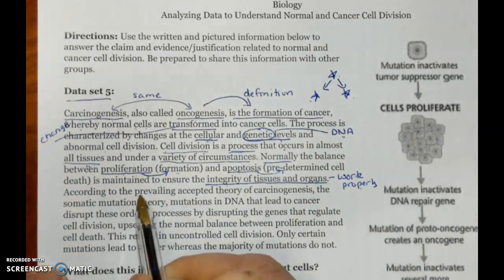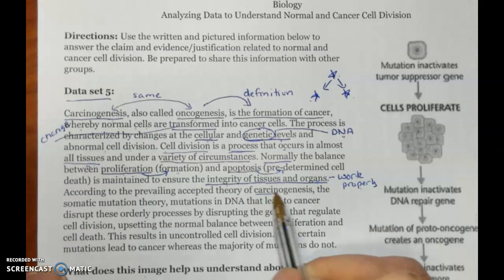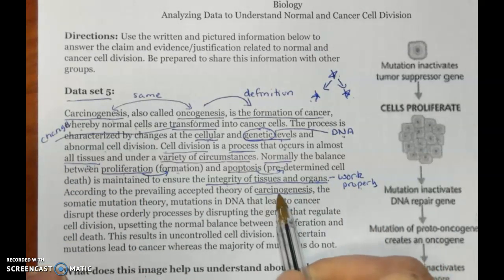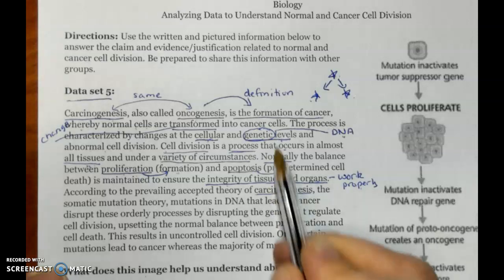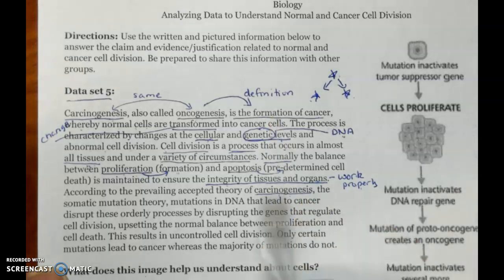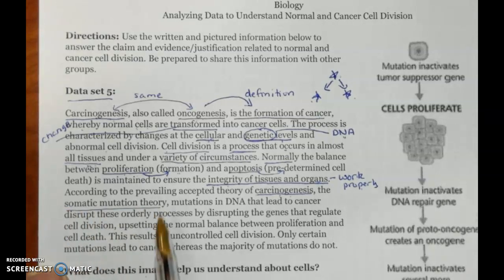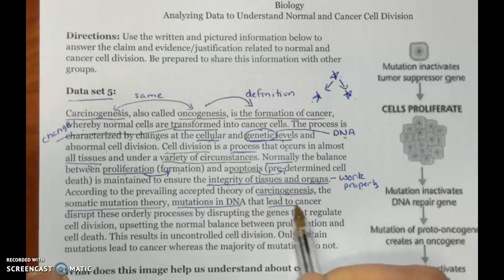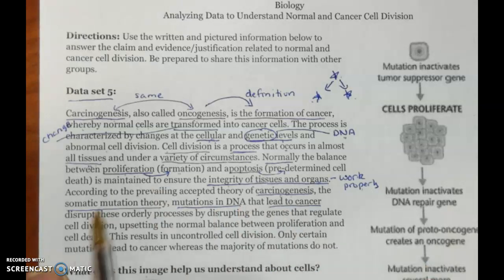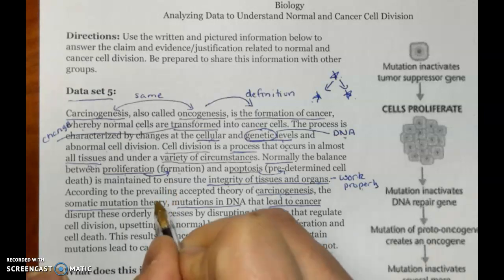According to the prevailing accepted theory of carcinogenesis, we saw that up here, so carcinogenesis, so we know that is the formation of cancer. The somatic mutation theory, which is mutations in DNA, lead to cancer. So somatic mutation theory, they are this.